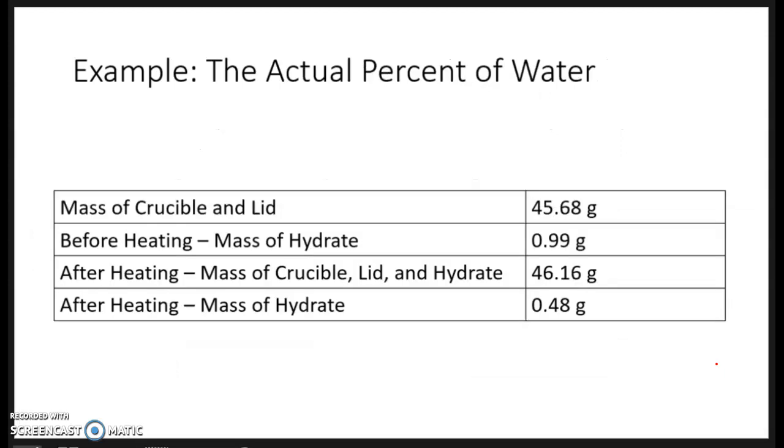Now, let's take a look here. This is some data that might look similar to data that you generated. Again, if you did this lab on Wednesday, you have your own data, so utilize your own data.